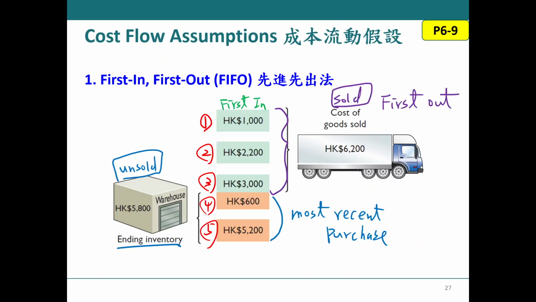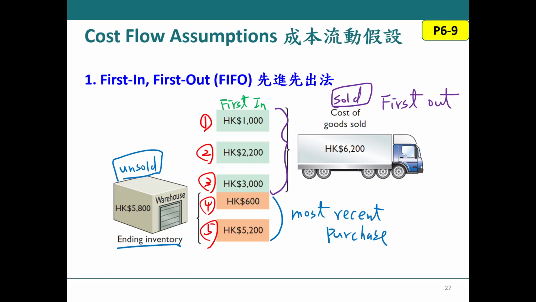Let you guess which industry, what kind of company prefers this assumption, thinks this method is suitable for their company. What kind of products? Like food, drink, right?